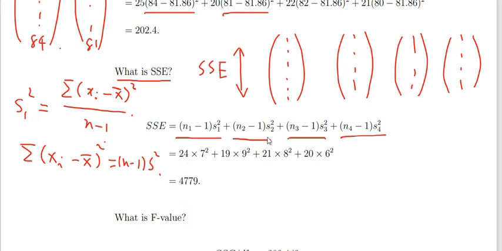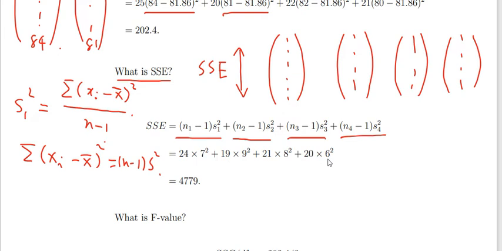Here n is 21, so 21 minus 1 becomes 20. Okay, so this is SSE.